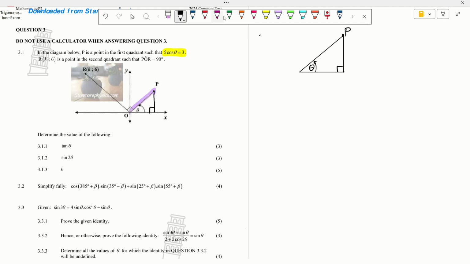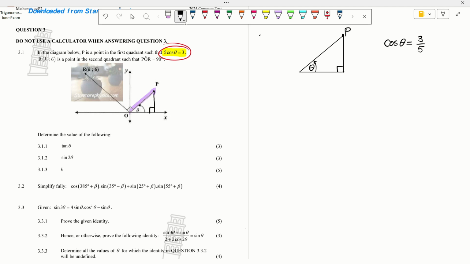They gave us this value here highlighted in yellow, that cos theta, which is our angle inside the triangle, is equal to 3/5. So if I take that and change it to make cos theta the subject, I just divide by 5 both sides, and I get 3/5.